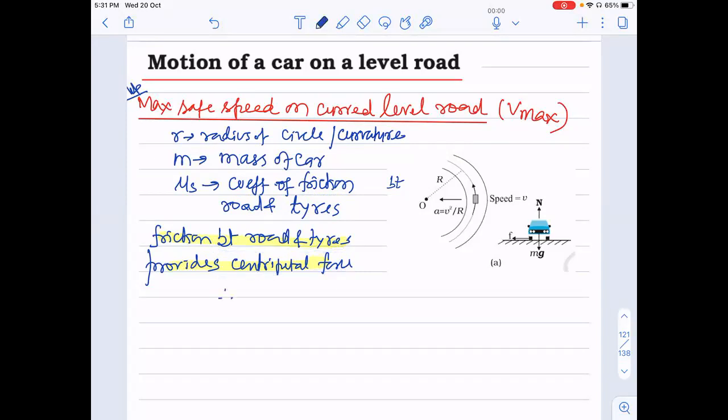Therefore, for maximum safe speed we will use maximum friction, Fs max, which should be equal to the centripetal force. The centripetal force should come from the friction. So how much is Fs max? Mu s into mg, since it is a level road. How much is the centripetal force? mv square by r. So we have to write v max, the maximum safe speed, because friction is also maximum, so the velocity will also be maximum.